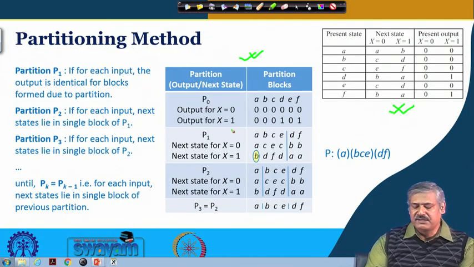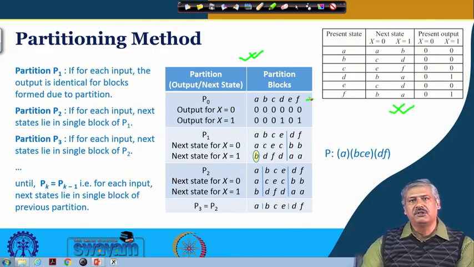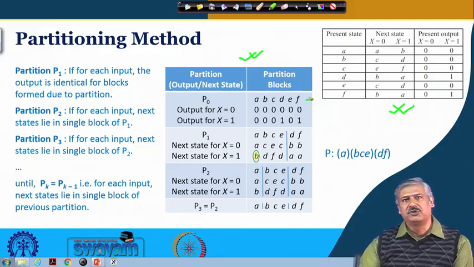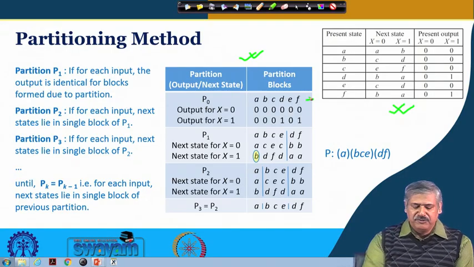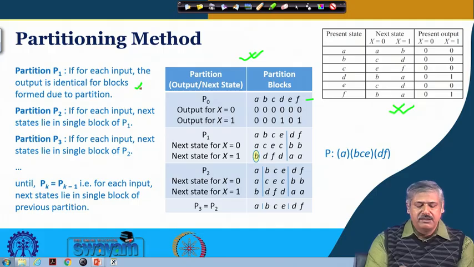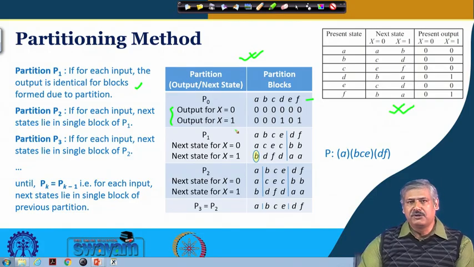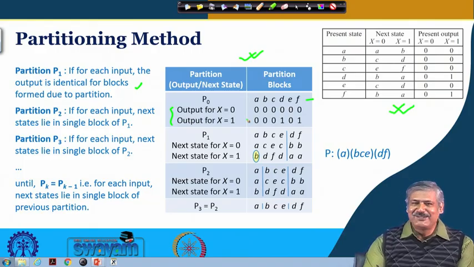Initially we consider there is no partition, P0: all of them are put together, A, B, C, D, E, F, all 6 states in one block. Is it fine? The first thing we see is the output for x equal to 0 and x equal to 1. For input x equal to 0 and x equal to 1, what are the outputs?